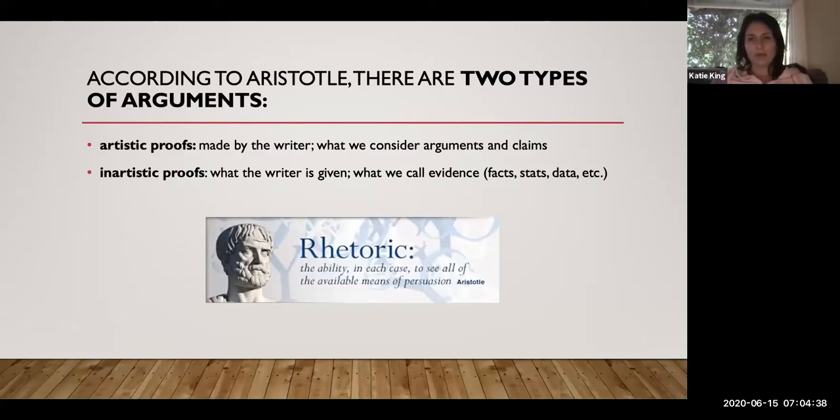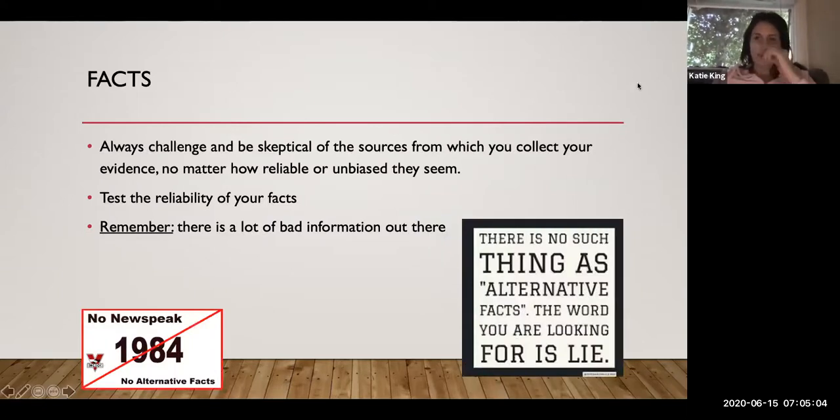Whereas inartistic proofs are what the writer is given: the research, the evidence, facts, data, statistics, etc. We're using these all the time in argument. These are just very old names for them provided to us by Aristotle. So when we talk about logos, we start with inartistic proofs, but logos contains both what we've created and what we've taken.